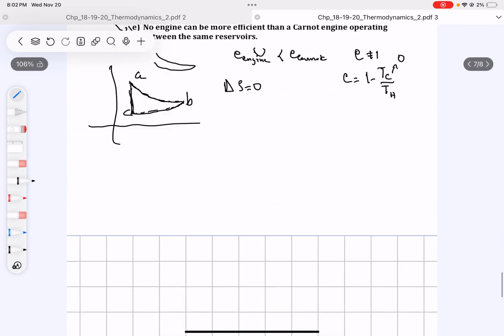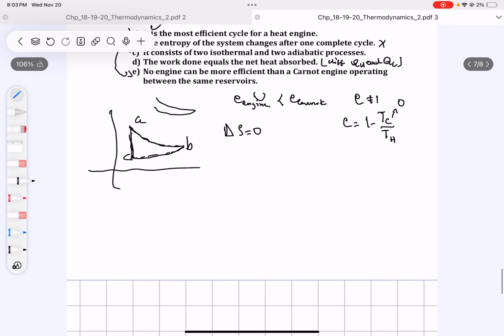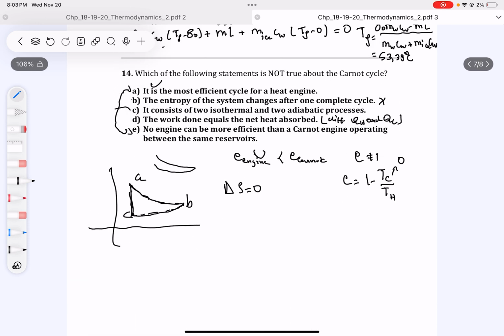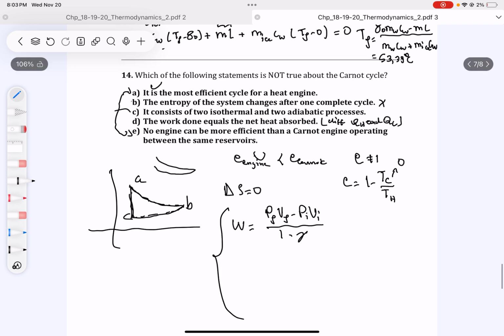And here let's give you a formula that I concluded. In an adiabatic process, W is equal to (P final V final minus P initial V initial) over (1 minus gamma). This is just for an adiabatic process.